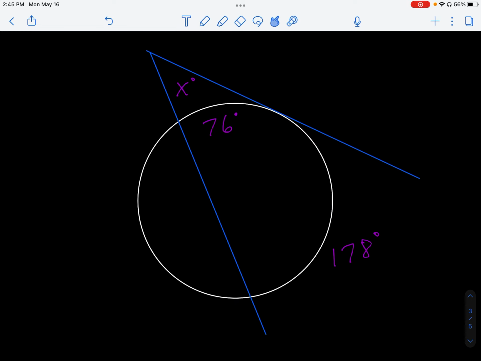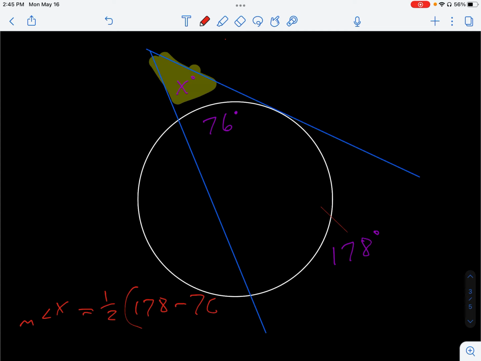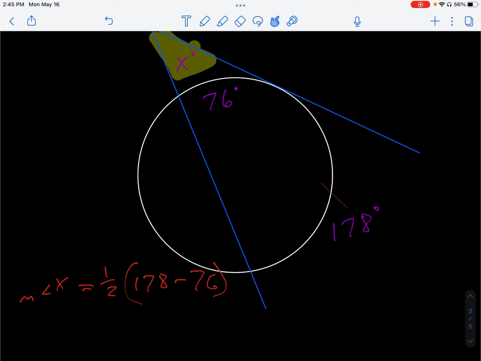So let's look at an example here. We want to find the measure of this angle, which we're calling x. And we know that the measure of angle x equals 1/2 the big arc minus the little arc.